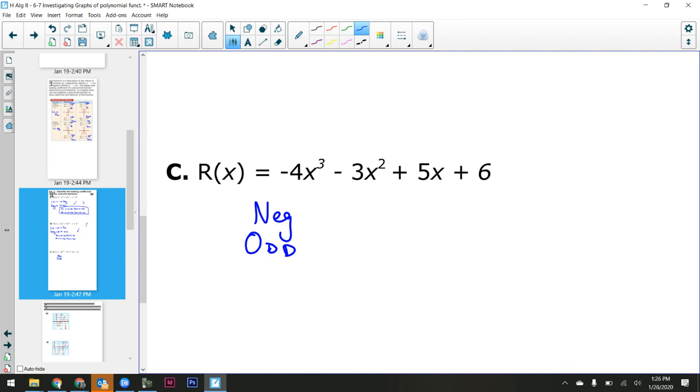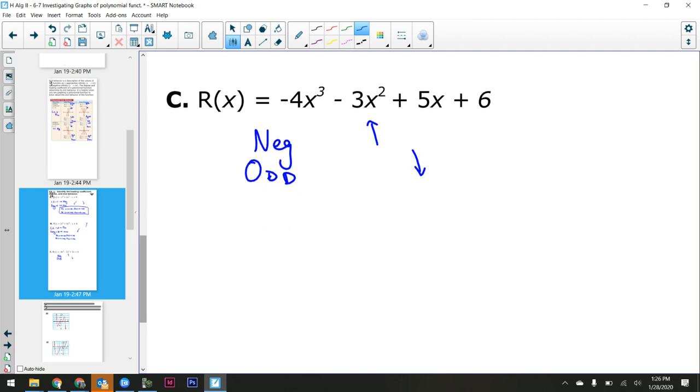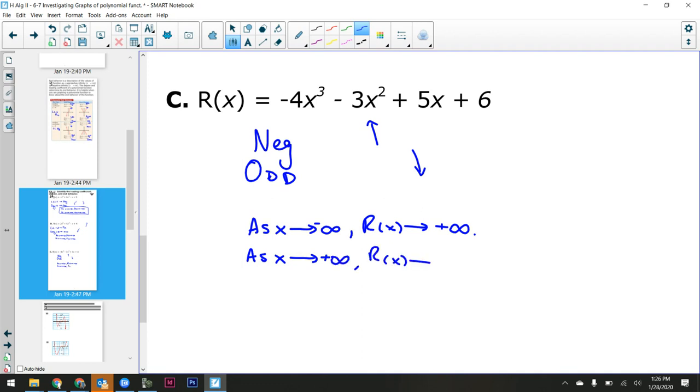So on the left side, it goes up. On the right side, it goes down. Okay?